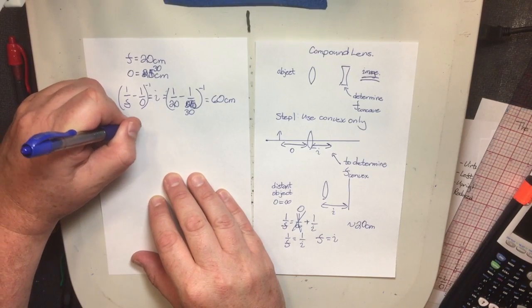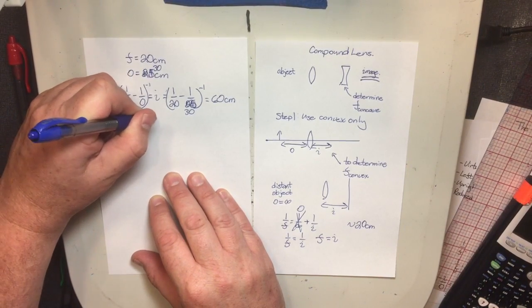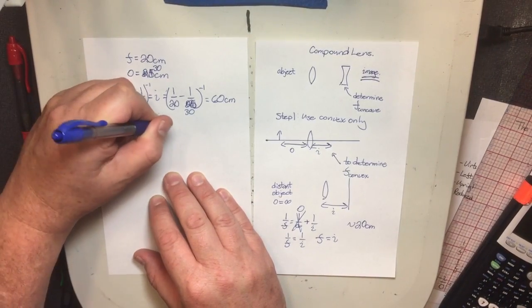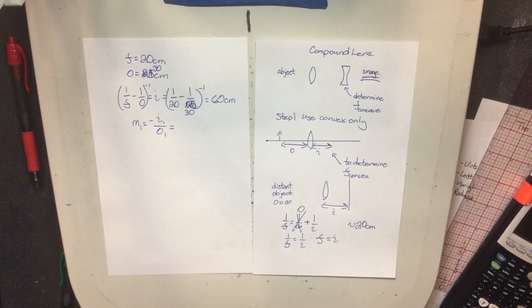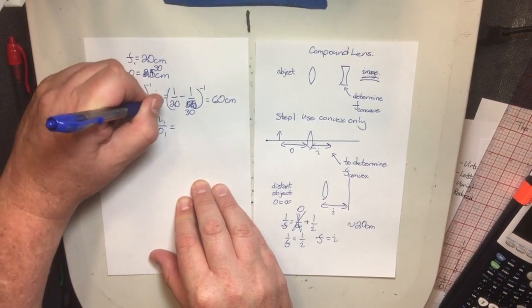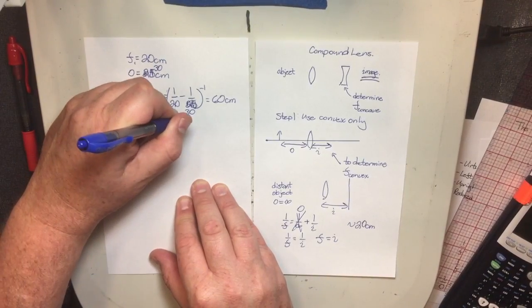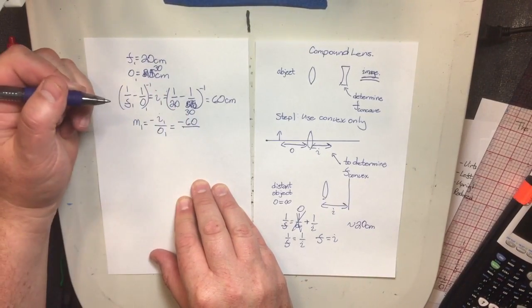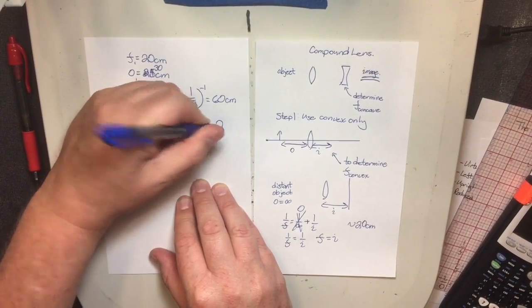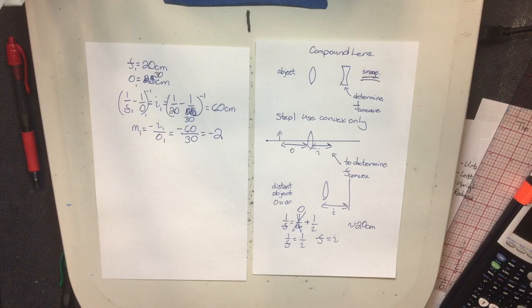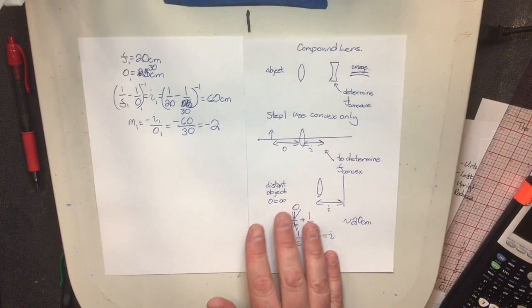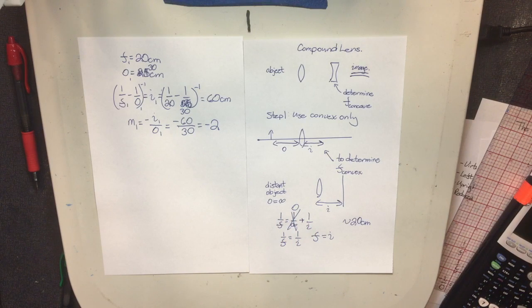The magnification, and start noticing that I'm putting ones on everything, is negative 60 divided by 30, or negative 2. So the magnification is negative 2, which means I'm dealing with a real image to the right of the lens.